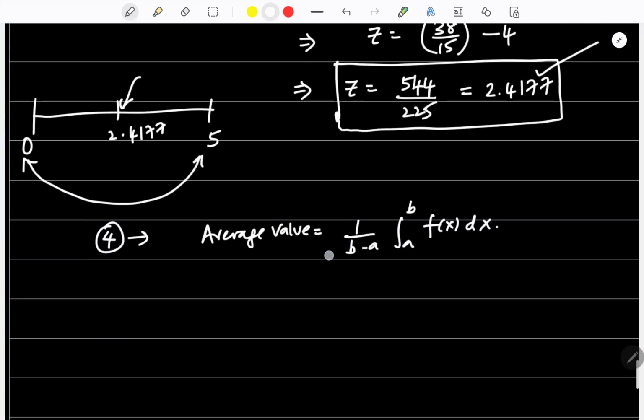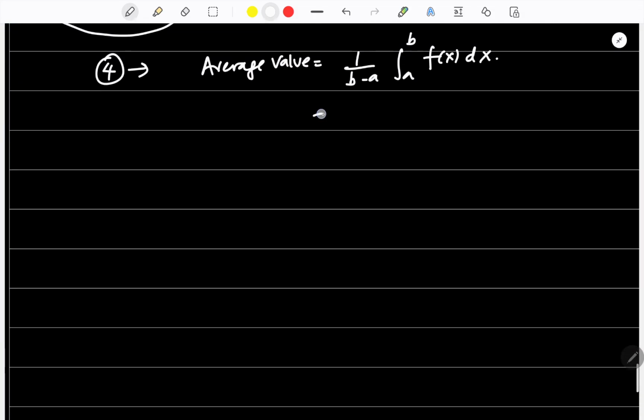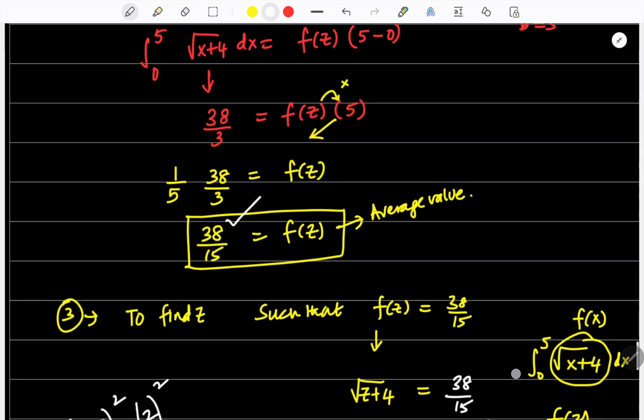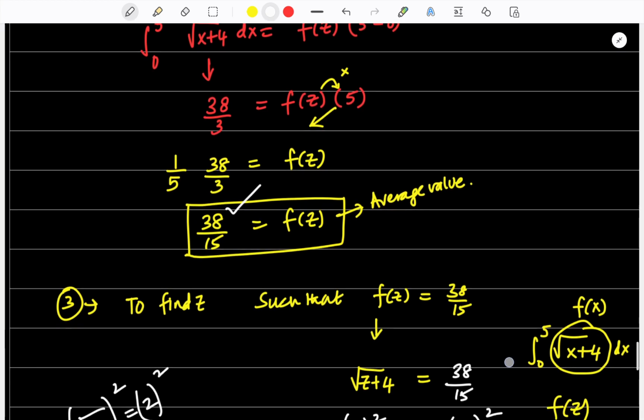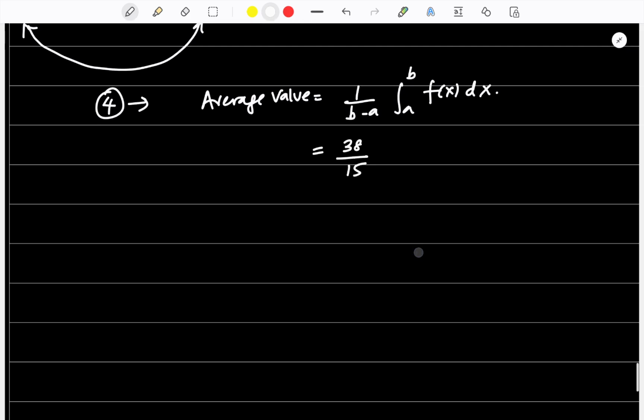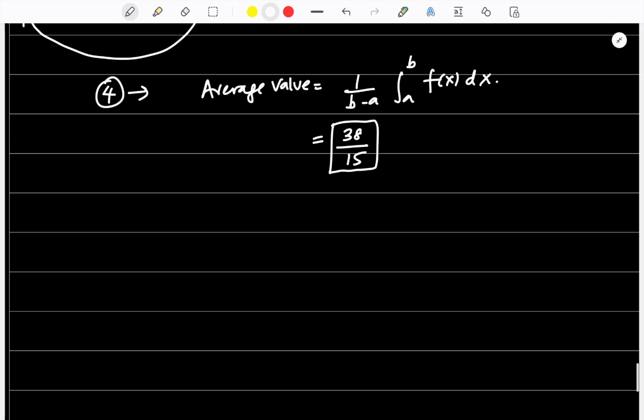This is your average value, which is equal to 38 divided by 15. 15 or 5? 38 divided by 15 is your average value, right?